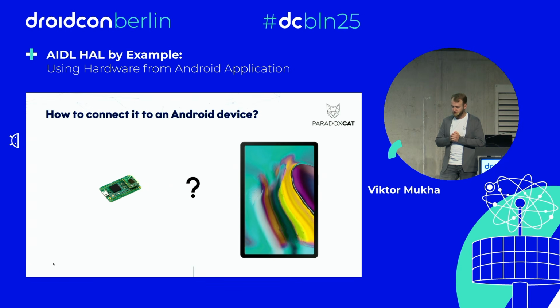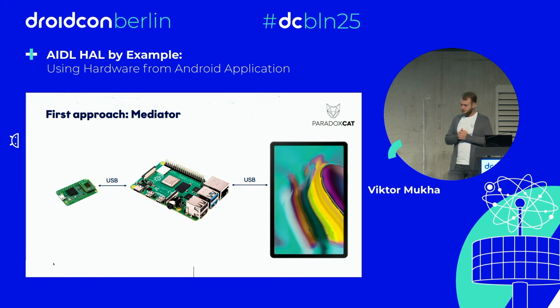Well, you might think if you connect a keyboard to this tablet, it works, right? Would it work with the radar? Well, the first thing we did, because we already had experiments on a Linux machine, we thought, OK, we can just use some intermediate entity between those two and basically run some machine learning in Python on Raspberry Pi, connect the sensor to Raspberry Pi, and then communicate the events, like gestures or something similar, to the tablet via MQTT or any other means.